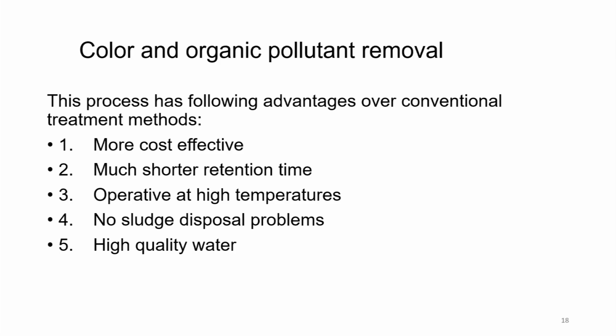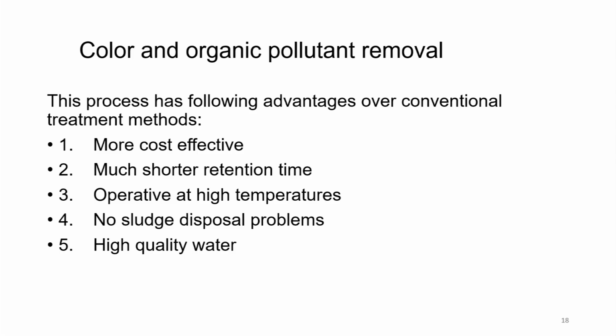So, for removal of color and organic pollutants from the textile effluent, this process has the following advantages over conventional methods. The most effective, more cost effective, much shorter retention time, operative at high temperatures, no sludge disposal problem, high quality water.